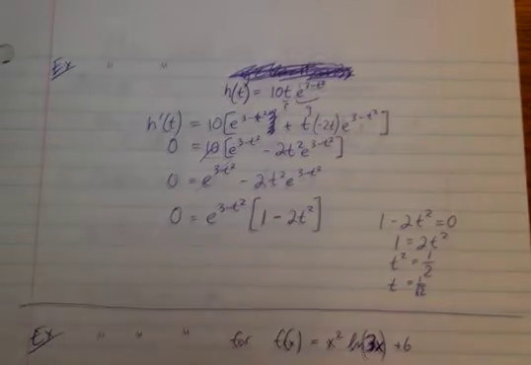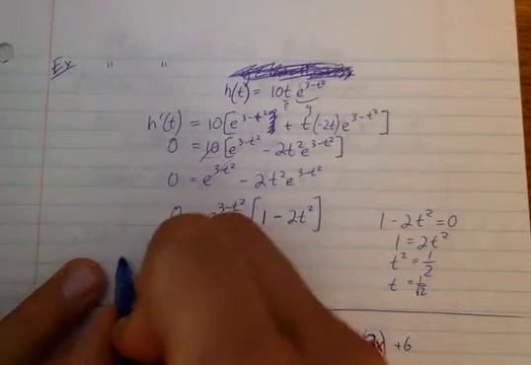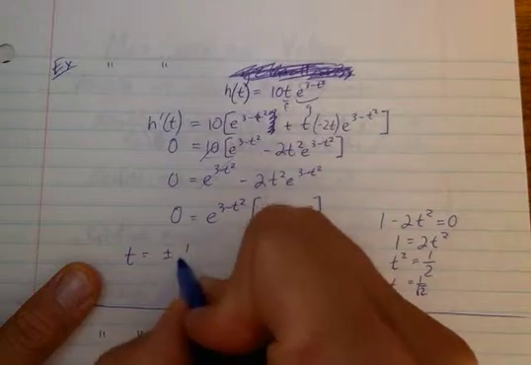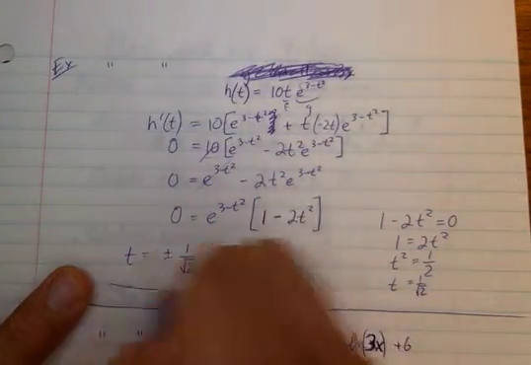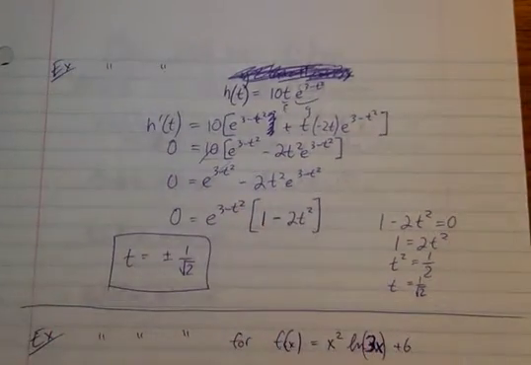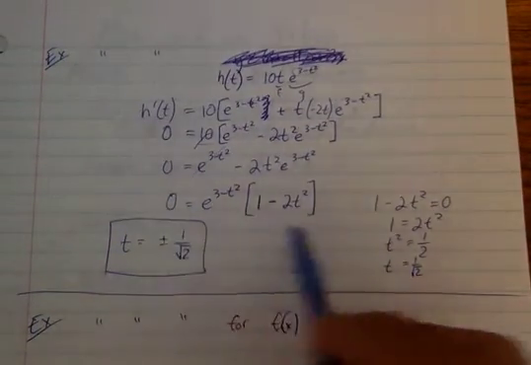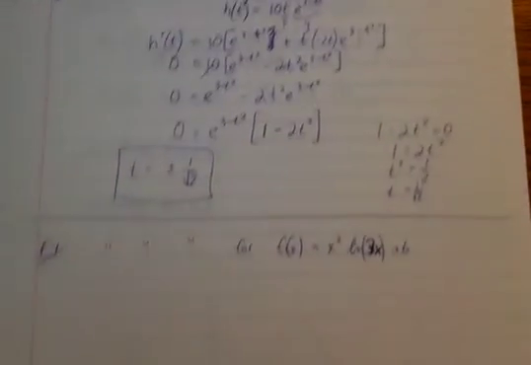And I guess that could be plus or minus. So we've found that our critical points here are t equals plus or minus 1 over the square root of 2. There you go. So it's just a matter of rearranging to try to find a nice way of finding your zeros.